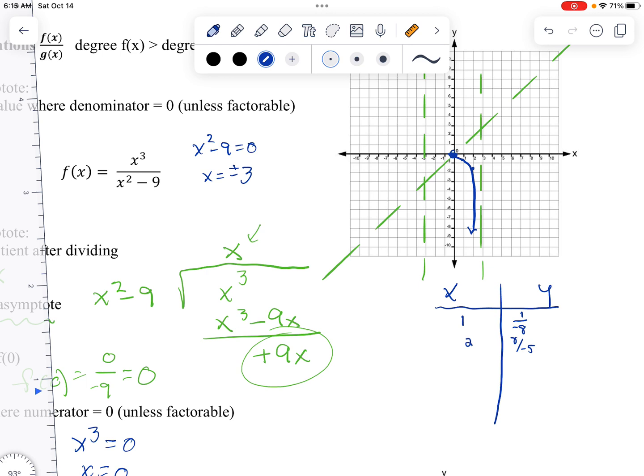What happens if I do the negatives? Negative 1 gives me negative 1 on top, and it gives me negative 8 down below, which is positive 1/8. And if I plug in negative 2, that gives me negative 8 on top. I still get negative 5 below, which is 8/5, which is 1 3/5.